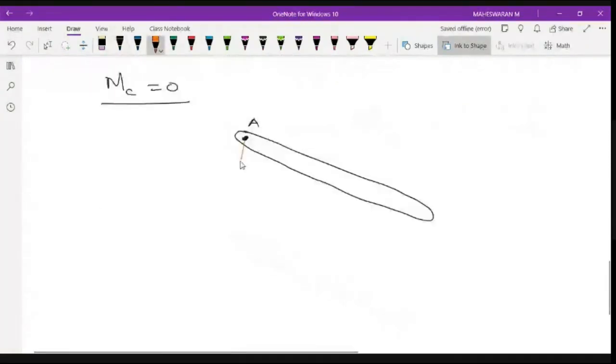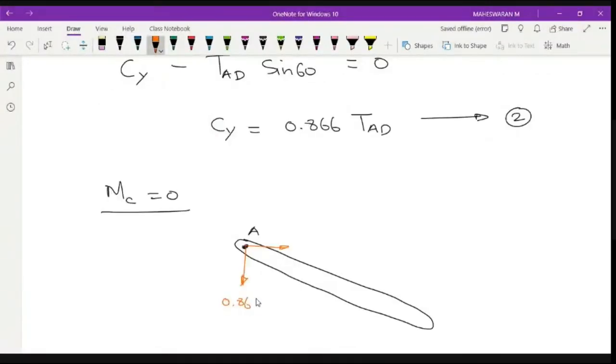I'm marking the two forces alone: one is vertical, 0.866 TAD, and this is 0.5 TAD cos 60. This is my point C, this is my point B, and this is my force, 500.